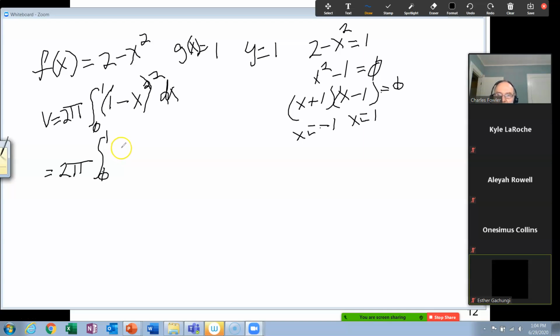Can anyone do that sort of in your head? 1 squared is 1. When you're squaring a binomial, square the first term, 1. Twice the product of the two would be a minus 2x squared, and then plus the square of the second term, that would be x to the fourth.